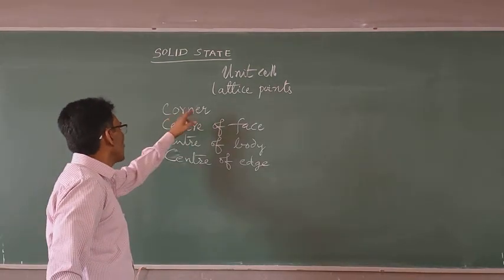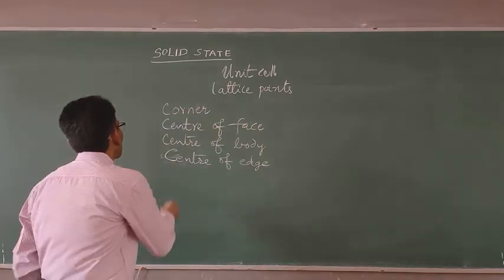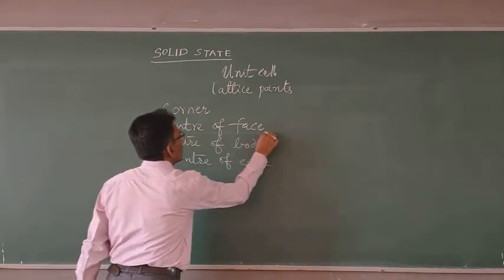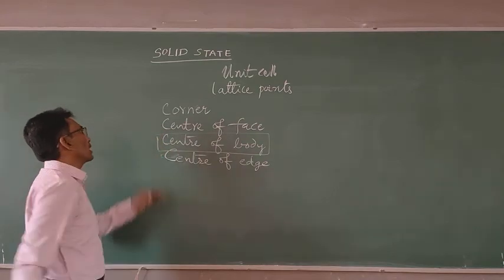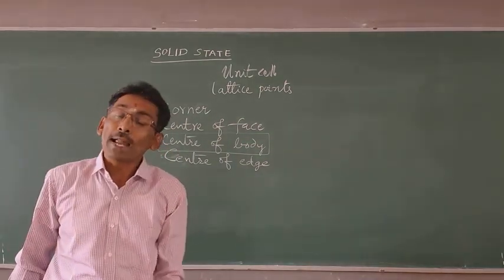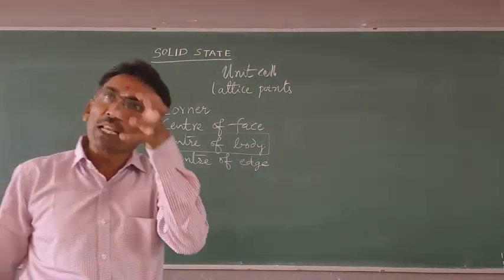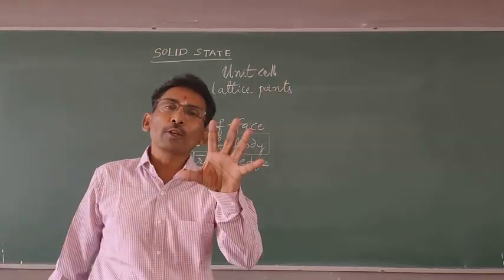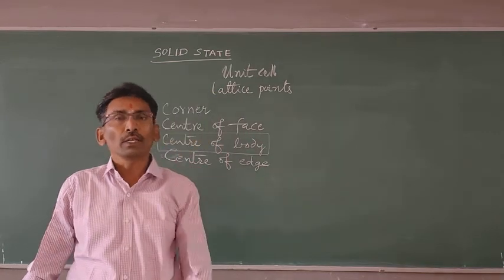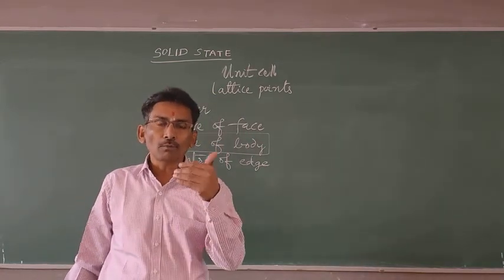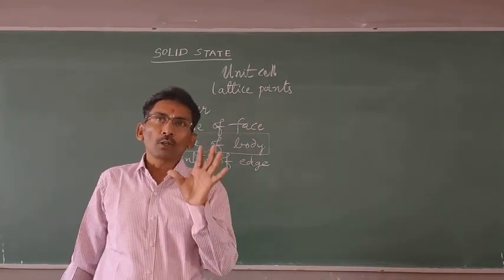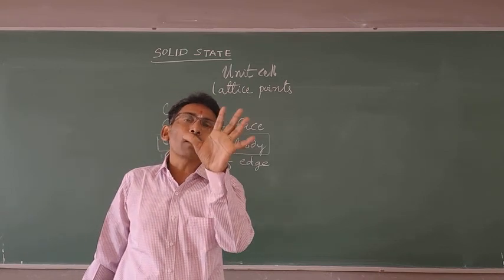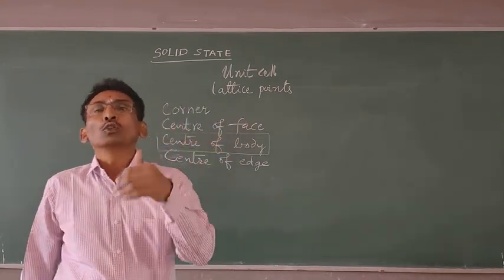But the particles at the corner, except body center, the particles at the remaining lattice points do not completely belong to the unit cell. Why? Because there are many rooms on a floor, therefore some walls are common to some rooms.